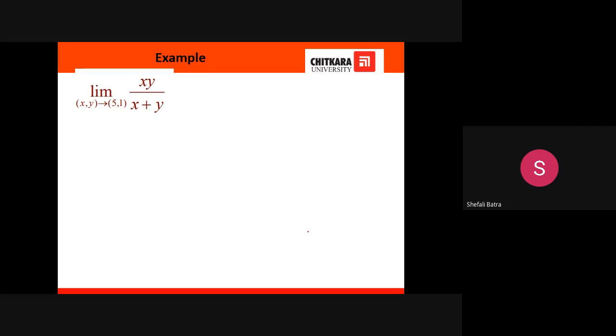Next question. Evaluate this limit. Limit xy approaches to 5 comma 1, xy upon x plus y. Evaluate it, beta. If I'm saying x approaches to 5, limit y approaches to 1, xy upon x plus y.